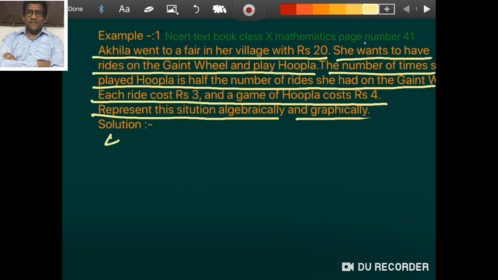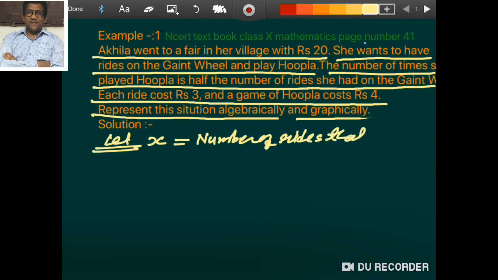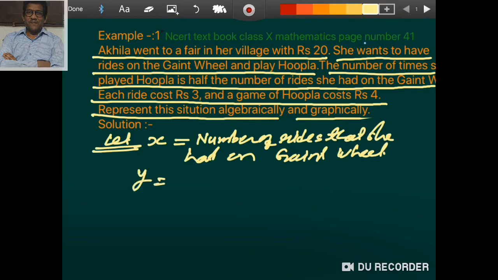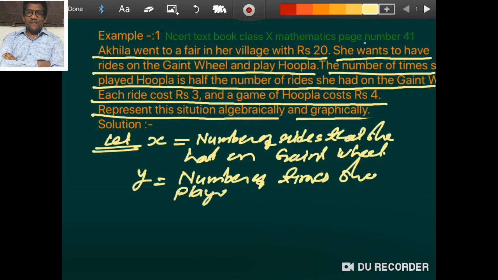Let x represent the number of rides that she had on the giant wheel, and y represent the number of times she played hoopla.